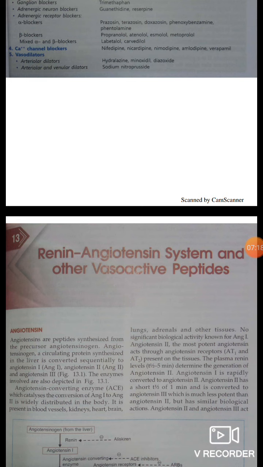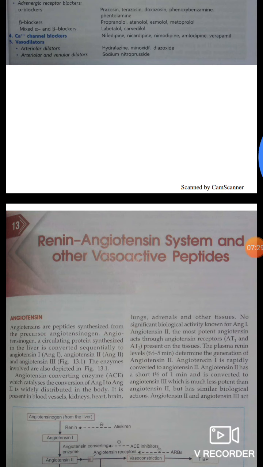It includes arteriolar dilators and both arterial plus venular dilators, right? Arterial dilators include hydralazine, minoxidil, and diazoxide, and venous plus arterial dilators include sodium nitroprusside, right?